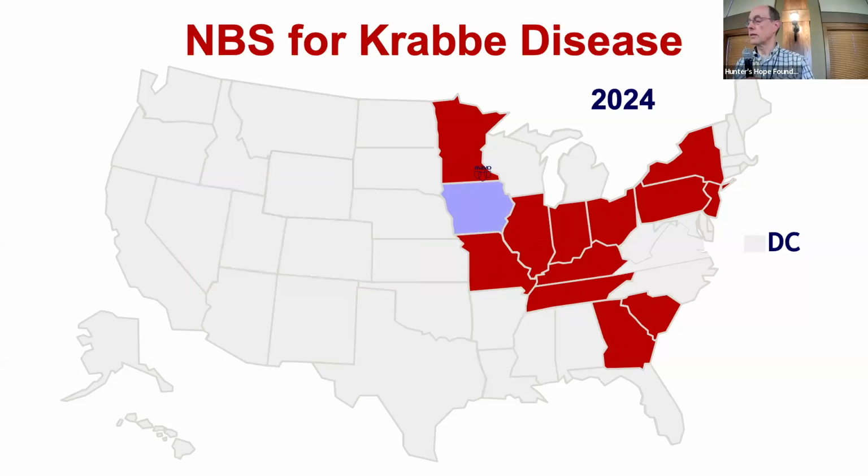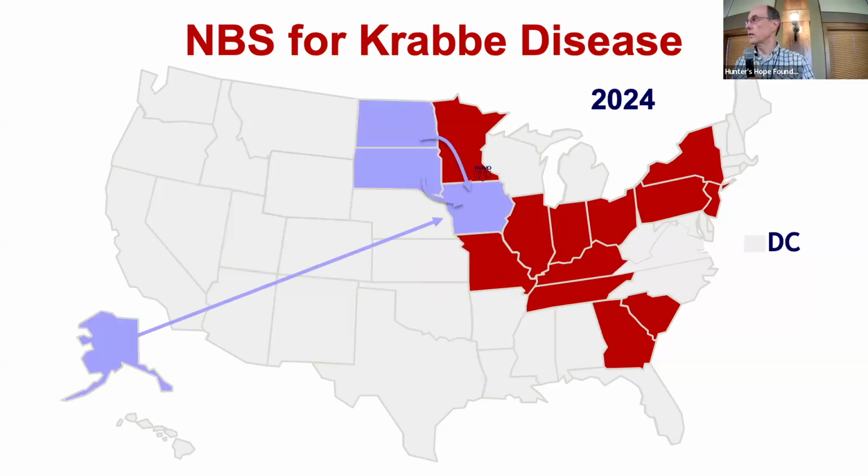That means 3 more states, Alaska, North and South Dakota, will also be screened because they send their blood spots to Iowa. So that will increase the number of babies screened, even if you count 4 states, by only 61,000 babies.